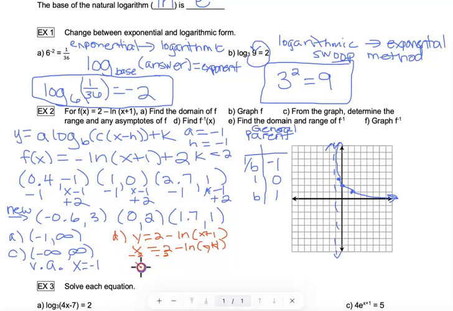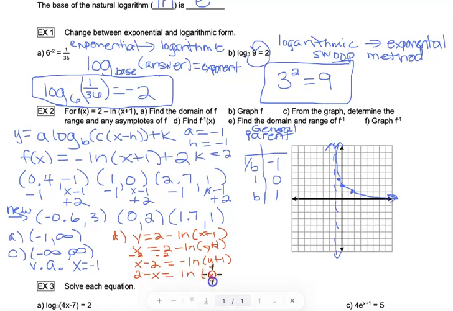That gives me x minus 2 equals the opposite of the natural log of y plus 1. Then divide by -1 on both sides. That's going to give me either 2 minus x or negative x plus 2, whichever way you want to write it. It doesn't really matter.